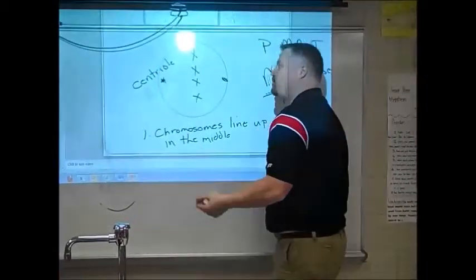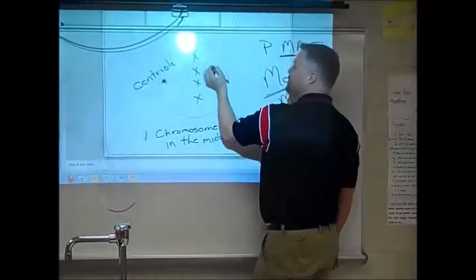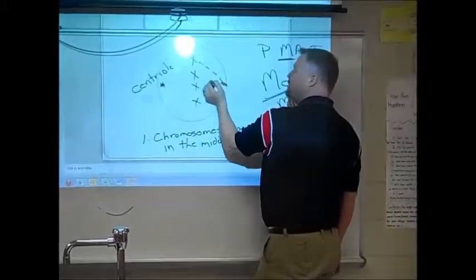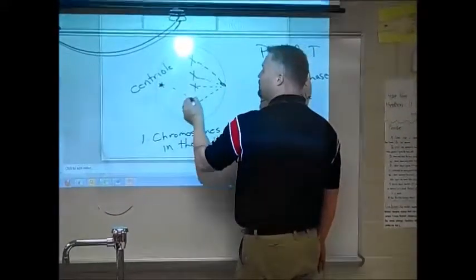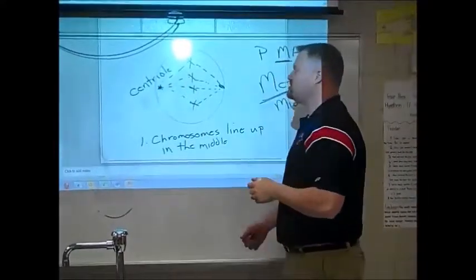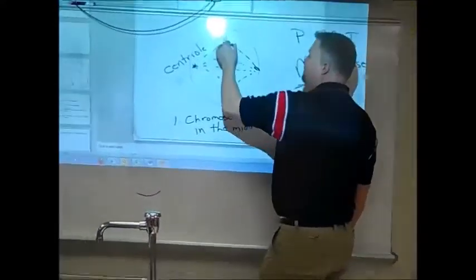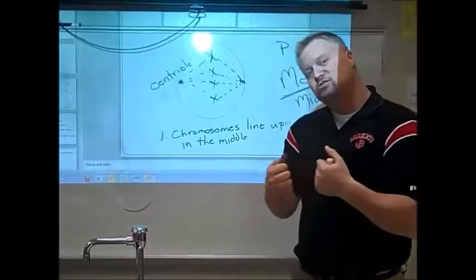And once they're there, they start releasing these cable-like structures known as spindle fibers to attach to the chromatids and eventually pull them apart. So the whole point here is that on each half of the X, you've got a chromatid attached by a centromere, and it's eventually going to be split apart.